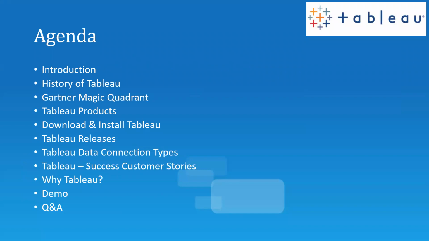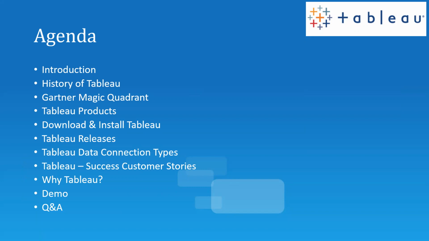Let's see today's agenda. First, I'll give a brief introduction about Tableau and talk about the history of Tableau. Most of us know about the Gartner Magic Quadrant, and I'll talk about the position of Tableau in that chart.